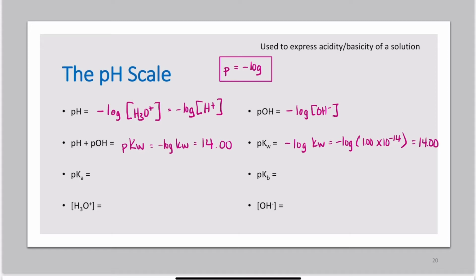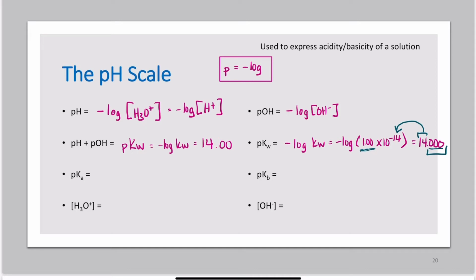Technically, the way I wrote this, I would have to write 14.000. However many sig figs you have in your answer here is how many decimal places you have here. The number before the decimal place is not holding your sig figs. The number after the decimal place correlates to the number of sig figs in your original measurement.